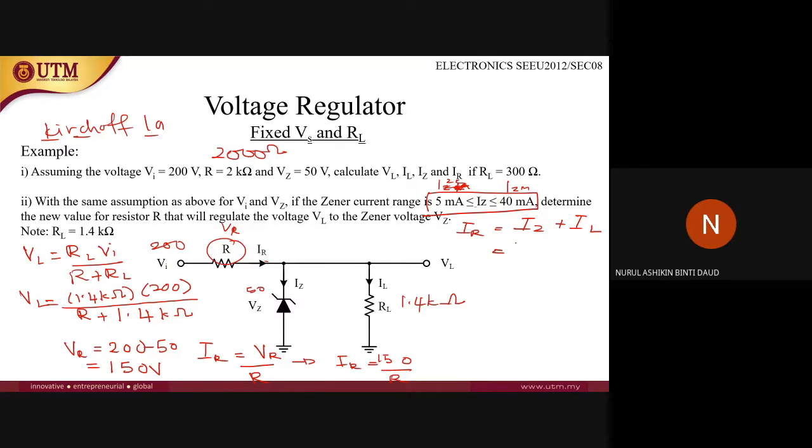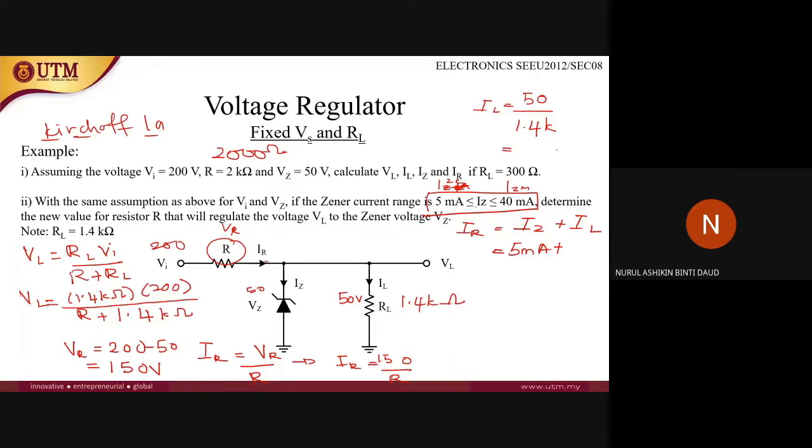So let's take the minimum value, 5 milliampere, plus IL. How to find IL? Since this is a parallel circuit, the value here is 50, so here is also 50. So IL is 50 over the value of RL. This is Ohm's law.